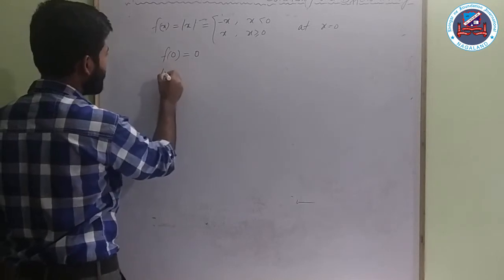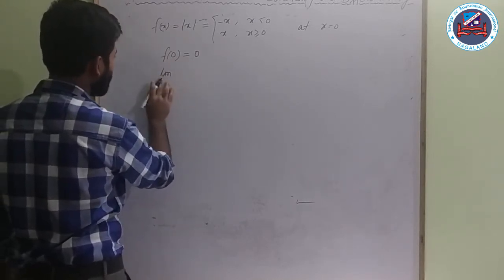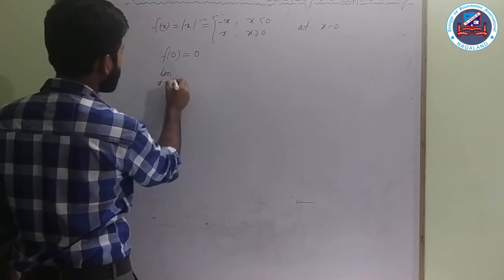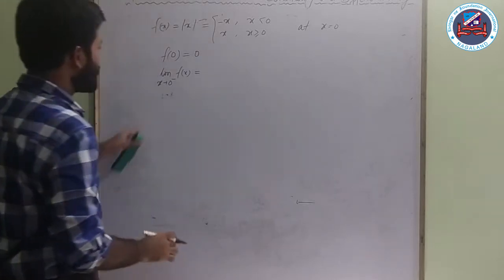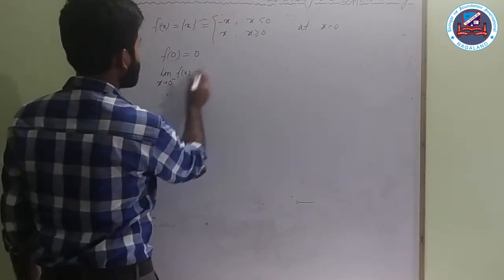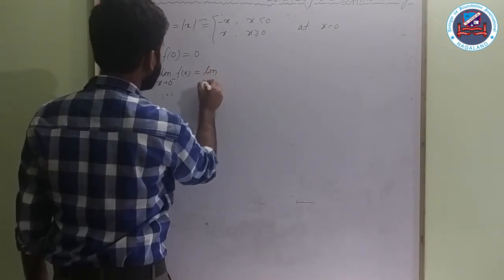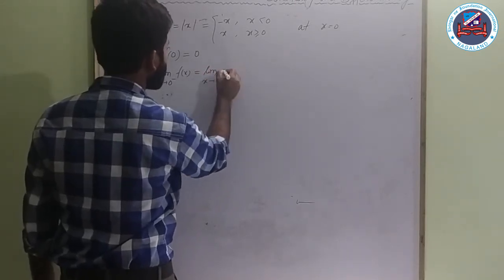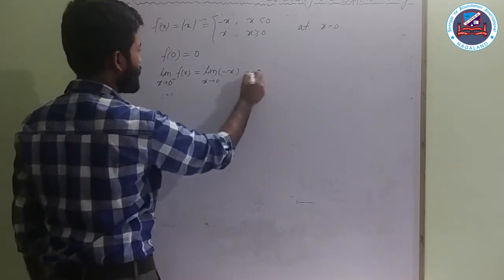Now let us take the left hand limit, that is, limit x tends to 0 negative f of x. This is 0 negative, that means less than 0, isn't it? So in place of f of x we shall write minus x. Replace x by 0, so we shall have 0.